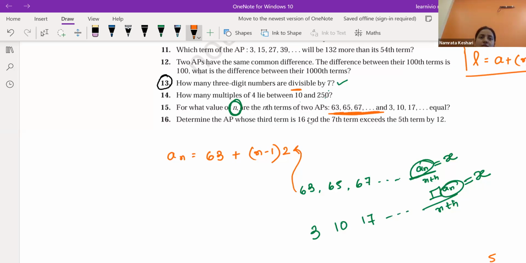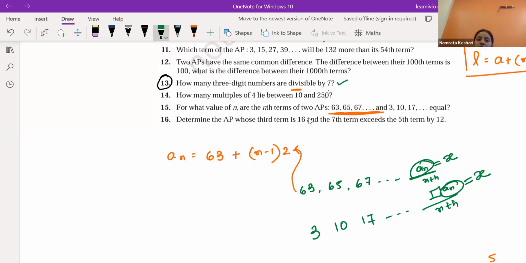That's what the question says. For what value of n are the nth terms of this and that equal? So an is the same and n is the same in these two APs.